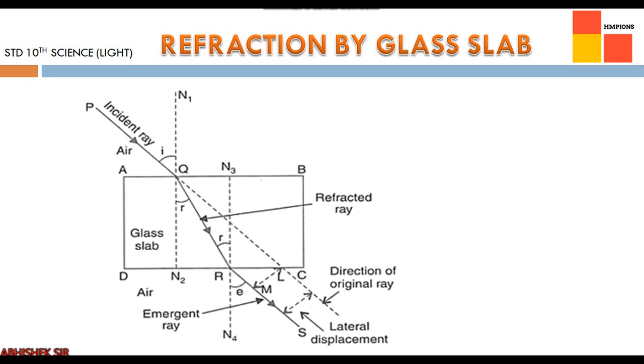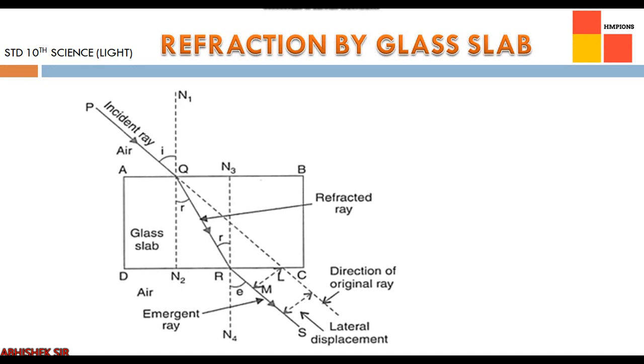N1, N2 is the first normal, N3, N4 is the second normal, and from Q towards C there is another dotted line that shows that if there wasn't any refraction, light would have traveled in that path. So you see there is a slight displacement from the original to the actual path. That displacement is called lateral displacement.